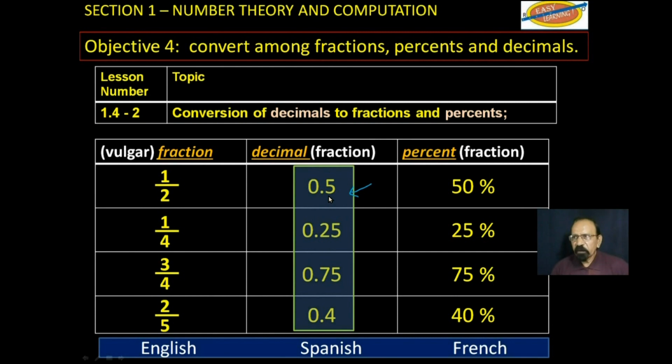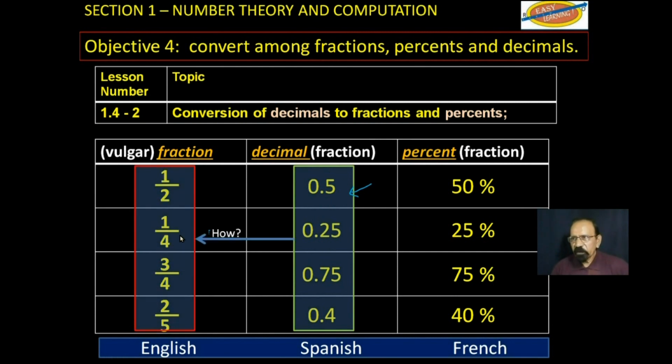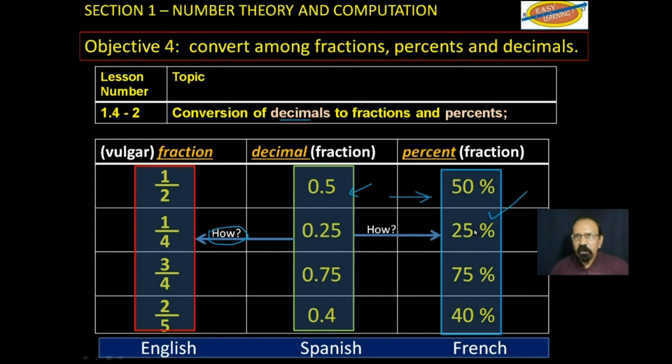We have to carry those to fractions, and we also have to carry them to percents. Now, we have seen a little of this before, so this is fairly easy to do. So we will begin with carrying decimals to percents.